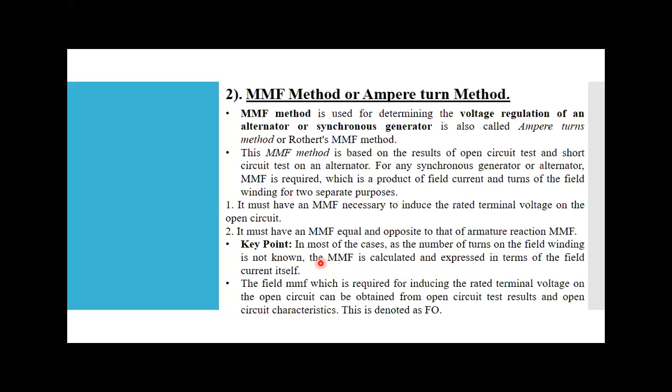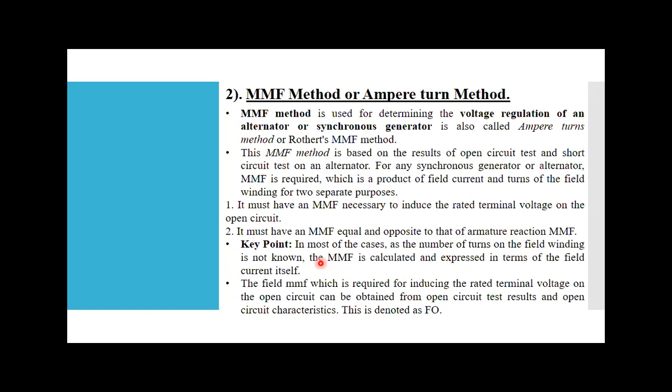Suppose I require one alternator, so I am asking for the rating. If you require an alternator, what are you asking for? Suppose you want to purchase one alternator, which rating are you giving to the supplier? Suppose I want to purchase one induction motor.